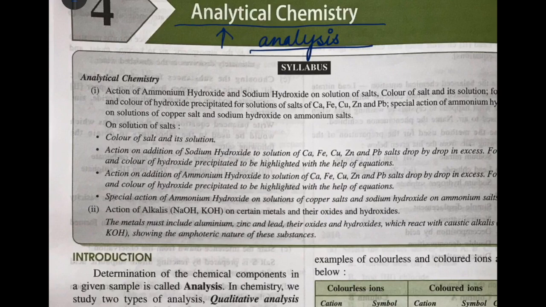So when we talk about analytical chemistry, we are talking about proving that a certain compound given to you is made up of a positive radical, say copper, and a negative radical, say sulfate. Okay, so you are analyzing, that is, you have to perform certain tests in the laboratory and then find out what chemical compound or what salt is given to you.